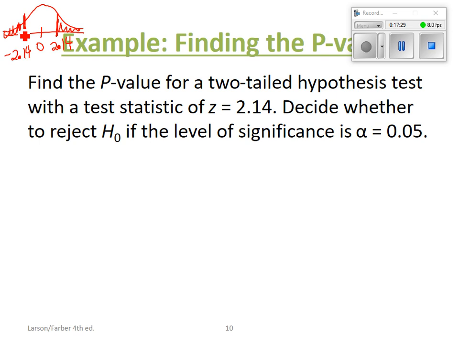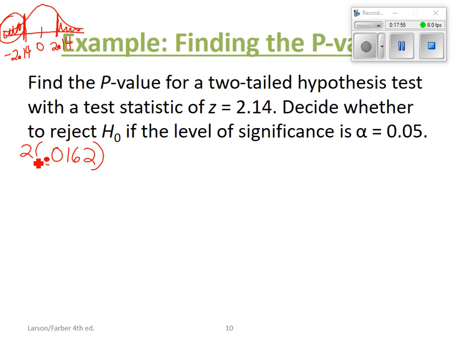Why? Can't we just find this area and it's going to be the same? So look up negative 2.14, find the area for it. 0.0162, everybody agree with that? Yep. Now that's the area in this tail. We got a two-tailed, so we want what? Times 2. Both of them.